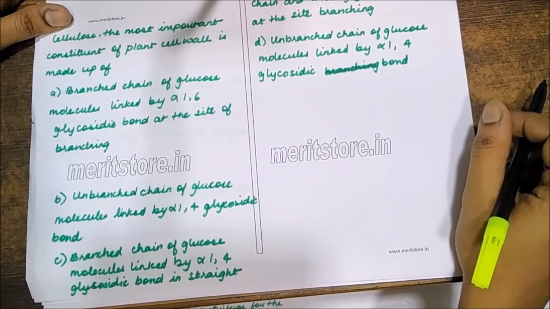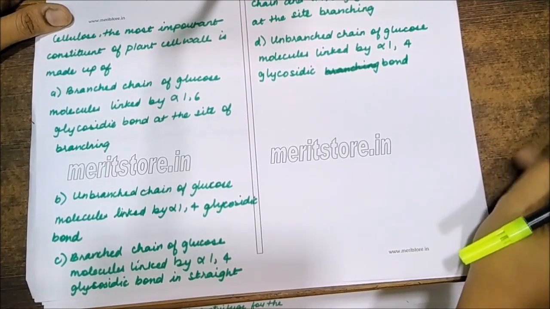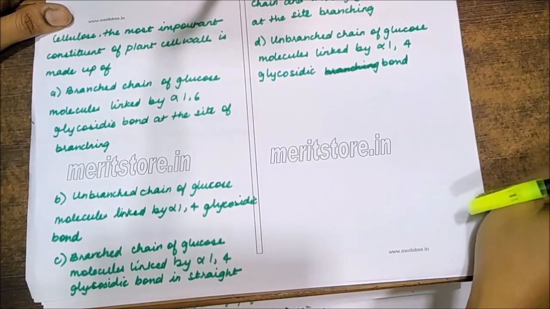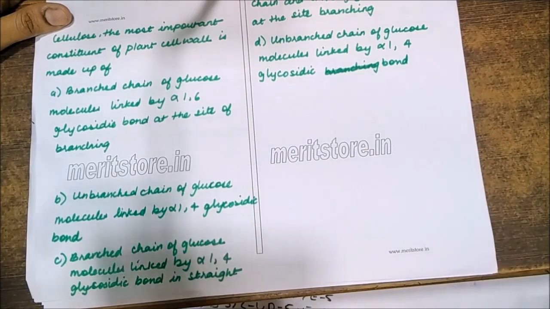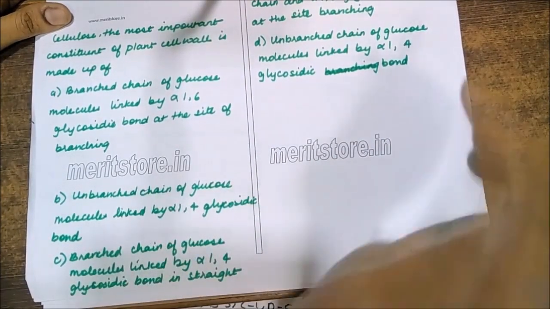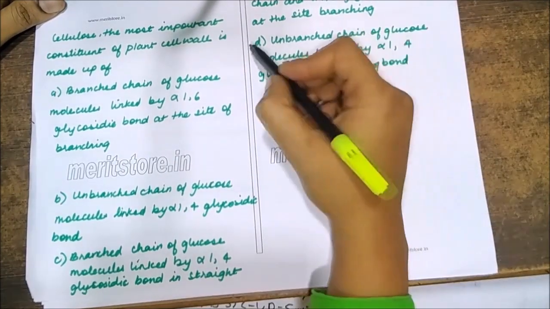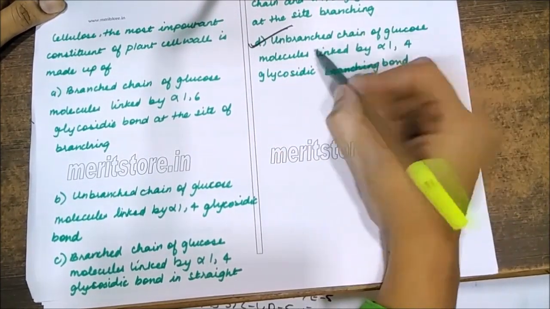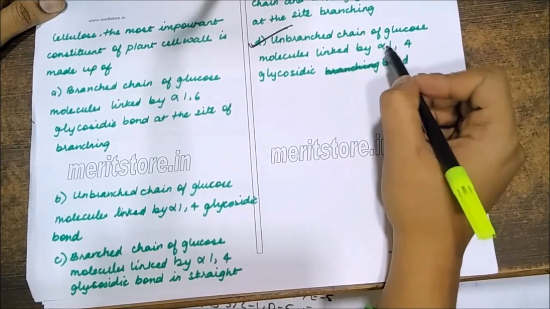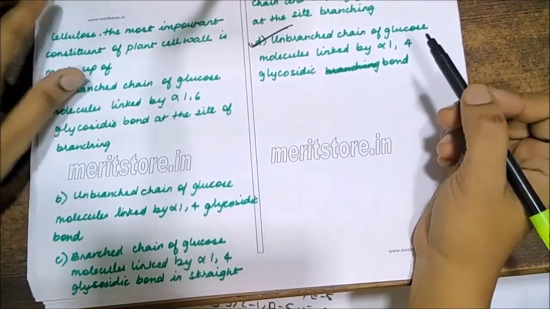Or unbranched chain of glucose molecules linked by alpha 1,4 glycosidic bond. Or branched chain of glucose molecules linked by alpha 1,4 glycosidic bonds in straight chain and alpha 1,6 glycosidic bond at the site of branching. The correct option is unbranched chain of glucose molecule linked by alpha 1,4 glycosidic bond. Next question.